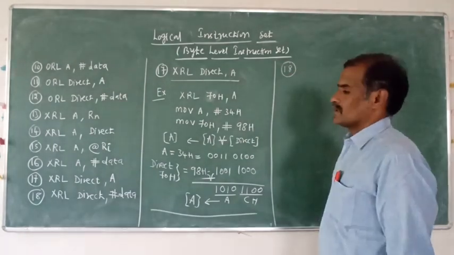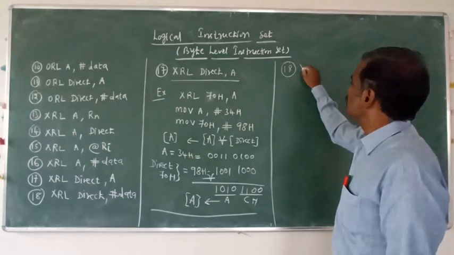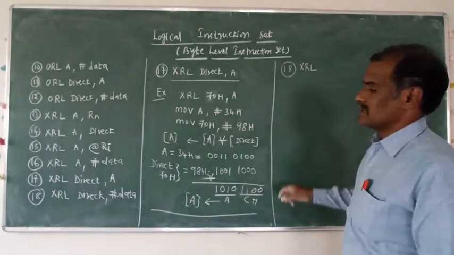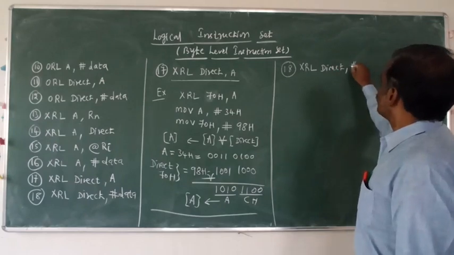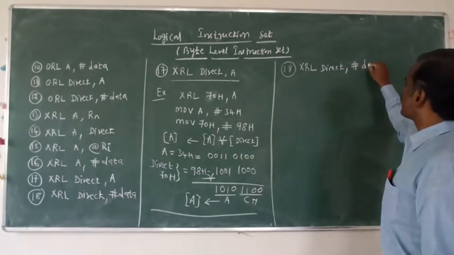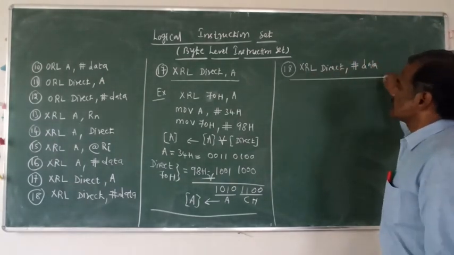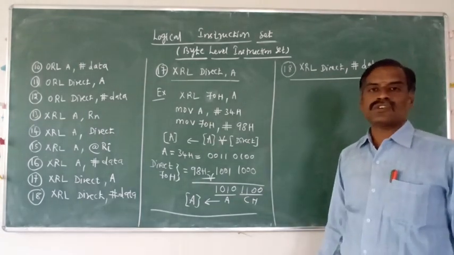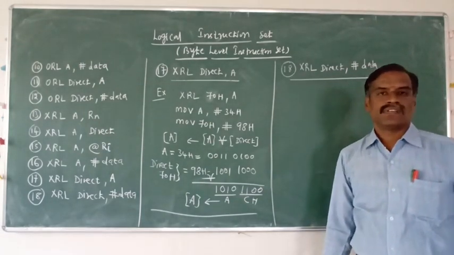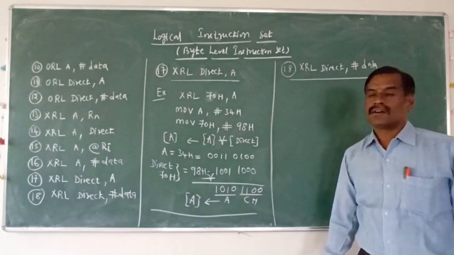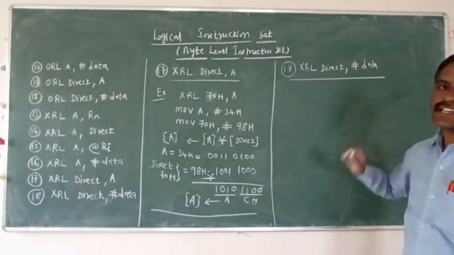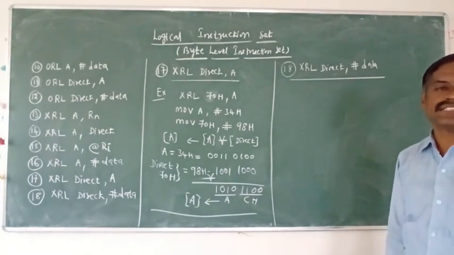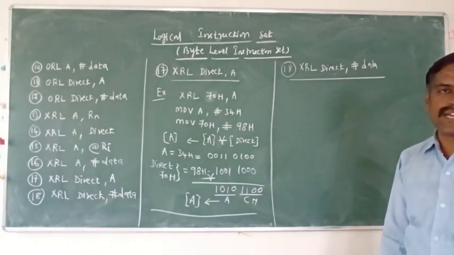Next one, 18th: XRL direct comma data. Here this is also exclusive OR of the direct memory address location data with immediately given 8-bit data, and the result always moves to the accumulator.